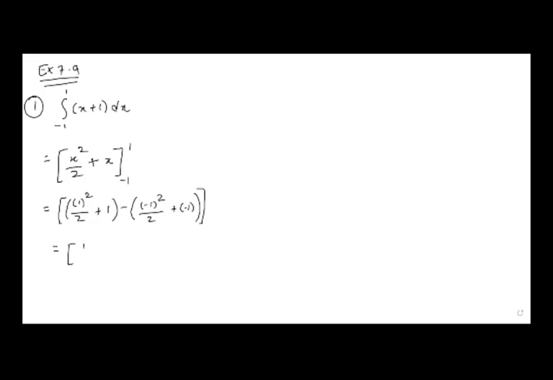So this will be 1 by 2 plus 1, minus 1 square is 1 by 2, plus minus minus and minus minus plus. So you can see that 1 by 2 will get cancelled out and your answer is 2. This is how we find definite integration.